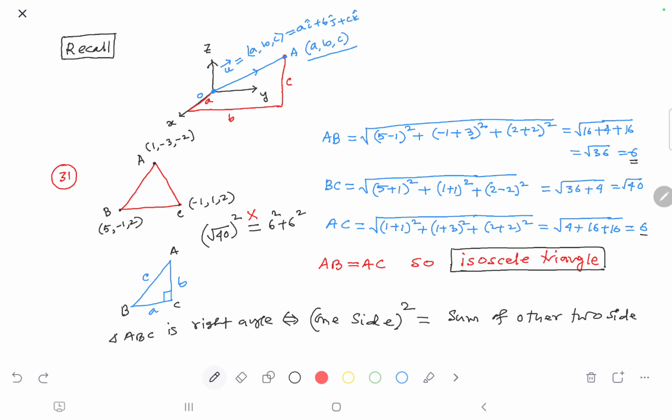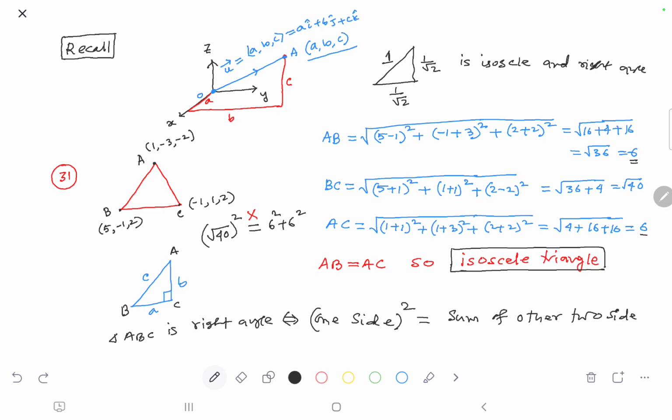It can happen that a triangle is both isosceles and right angle. For example, if you take sides 1 by square root of 2, 1 by square root of 2, and 1, it is isosceles, and also right angle.